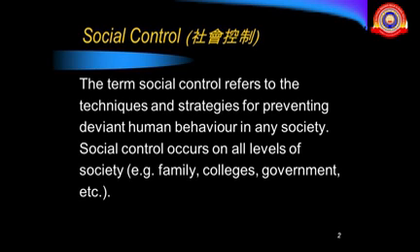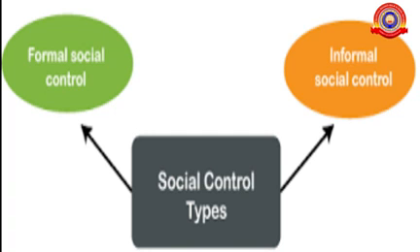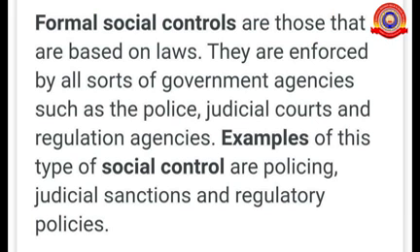What do you mean by social control? The term social control refers to the techniques and strategies for preventing deviant human behavior in any society. Social control occurs on all levels of society, for example, family, colleges, government, etc. Social control is of two types: formal social control and informal social control.